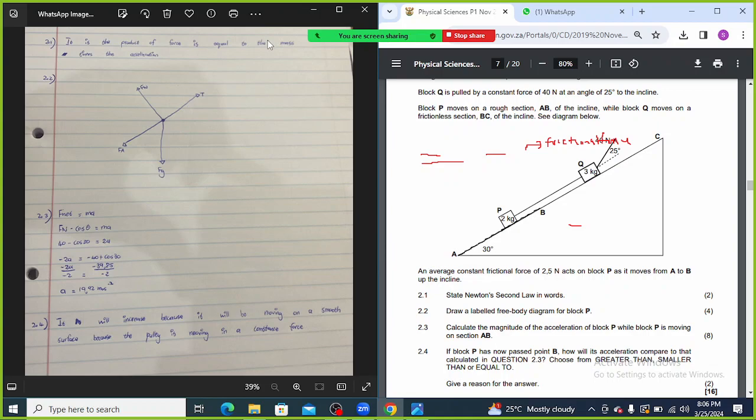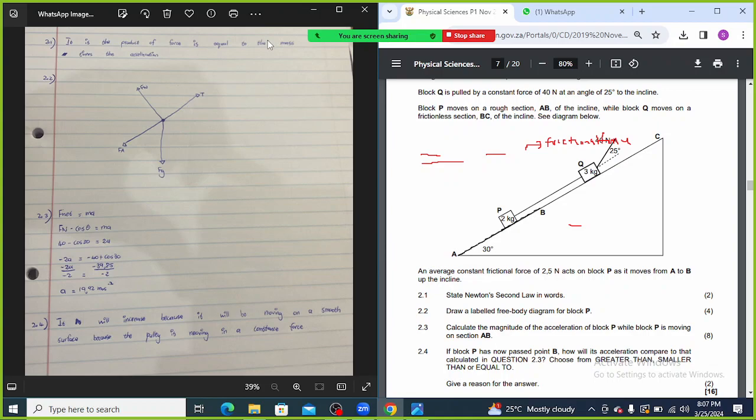When you're stating it, you're saying when a net force is applied to an object, the object will accelerate in the direction of the net force, with the acceleration directly proportional to the net force and inversely proportional to the mass. So that is Newton's second law. Do you understand?